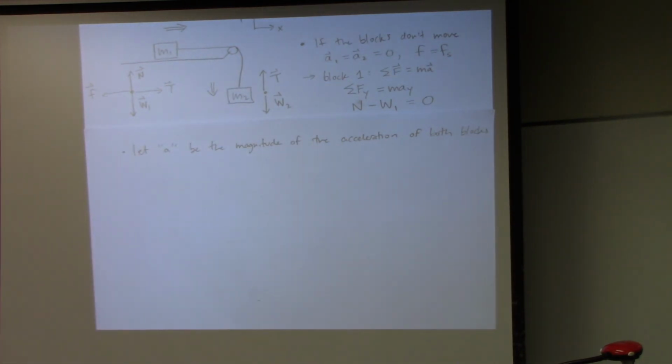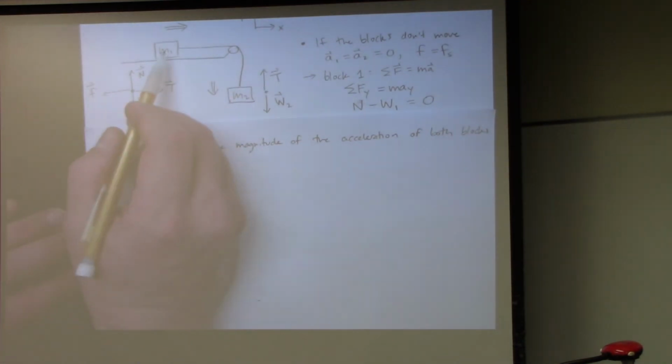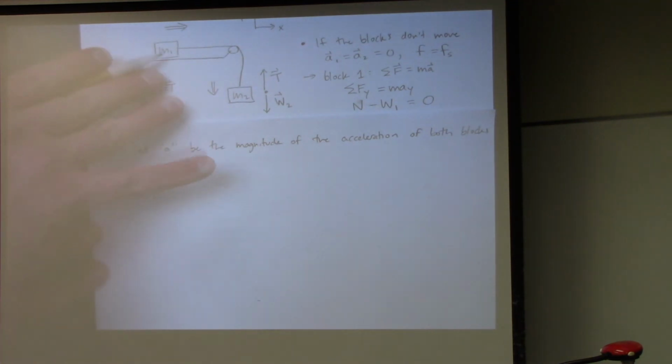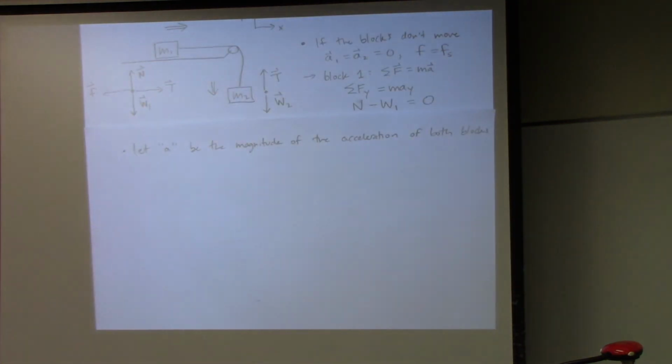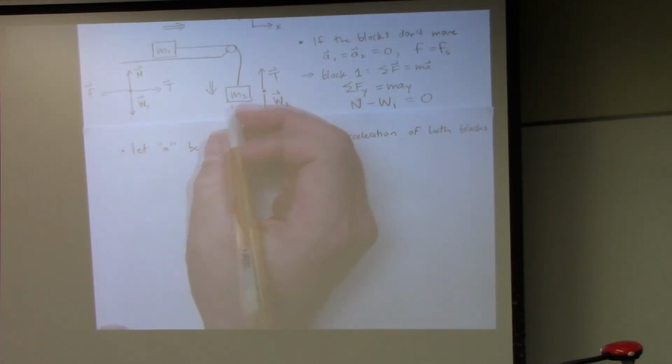The A value is the same. The magnitude is the same. But, of course, the direction is not the same. This one can accelerate either to the right or to the left, and this one can accelerate up or down. So they're the same in terms of magnitude, but we've got to get the signs right when we work this out.